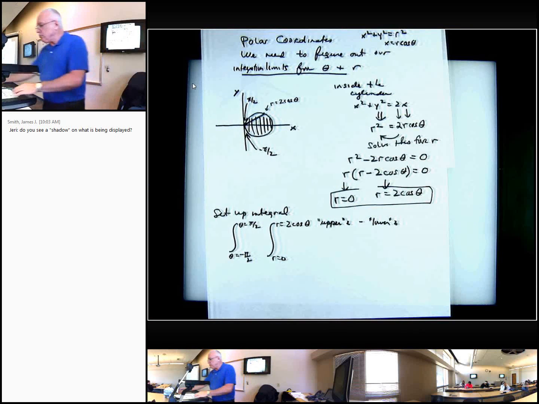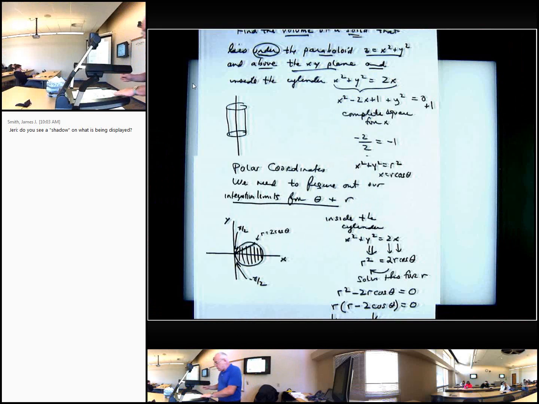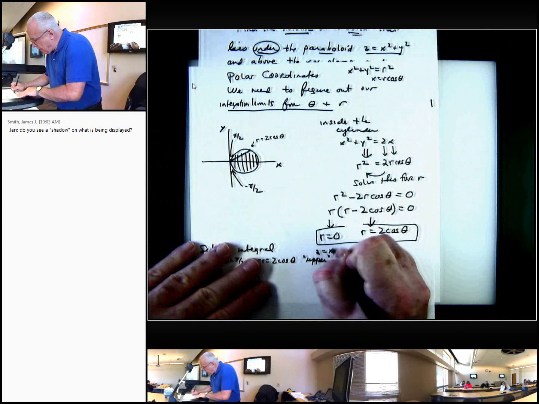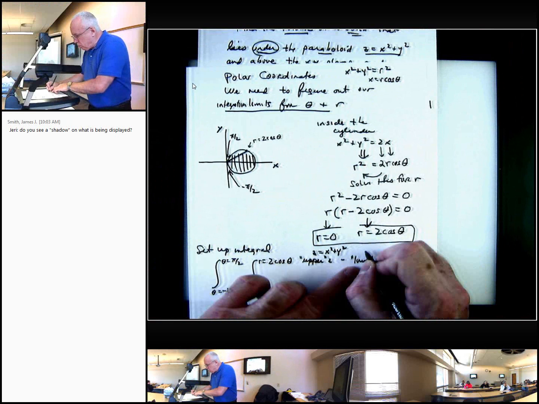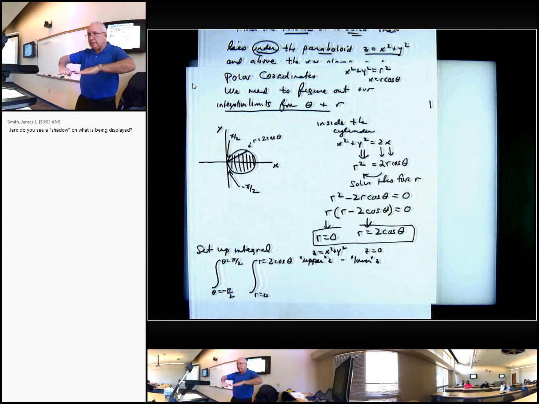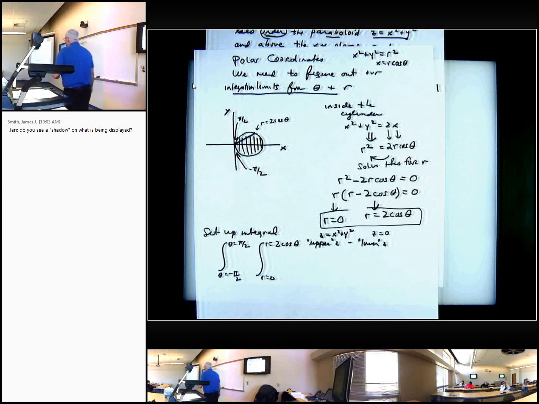Okay, our upper z here is this paraboloid, z equals x squared plus y squared. Our lower z, we're told this thing ends at the xy plane, that's z equal to 0. Now, we're doing all of this in polar coordinates.